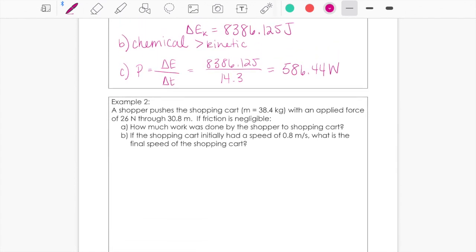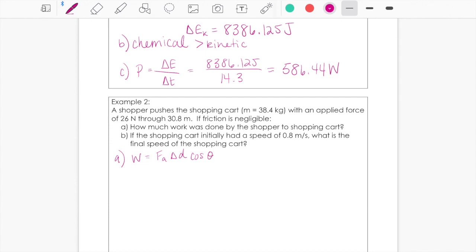For example number 2, a shopper pushes the shopping cart, which gives us the mass, with an applied force of 26 newtons through 30.8 meters. If friction is negligible, for part A, how much work is done by the shopper to the shopping cart? Remember that work is change in energy, but we can also break it down into the applied force times the displacement times the cosine of theta, where theta is the angle from the direction of displacement.